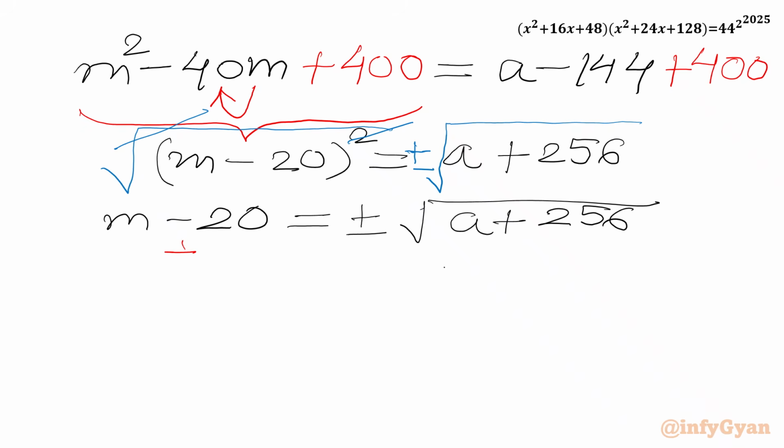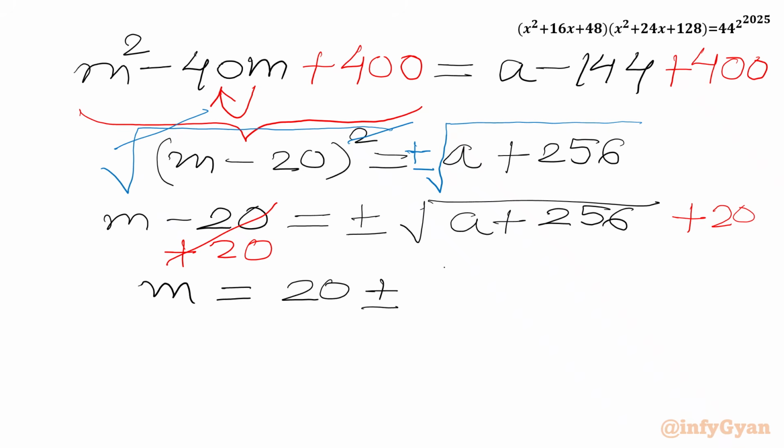Let's add 20 on the LHS and add 20 on the RHS, so plus and minus 20 cancel out. We write the equation m equal to 20 plus minus the square root of a plus 256. Now a is written over here.